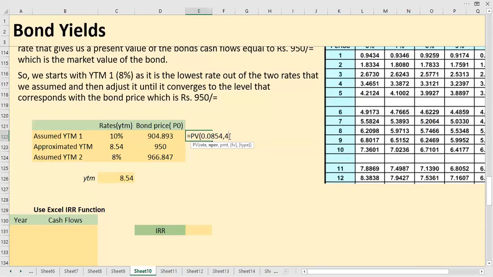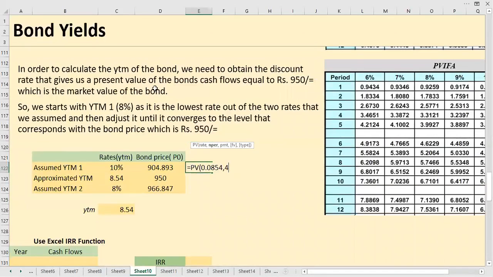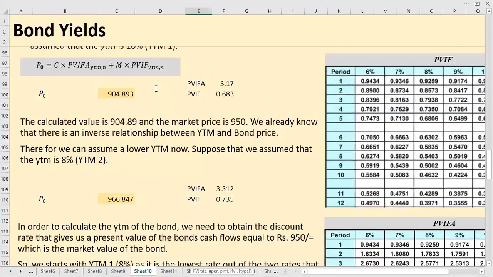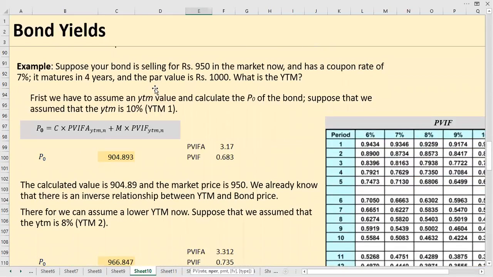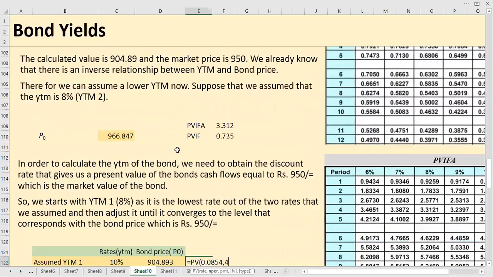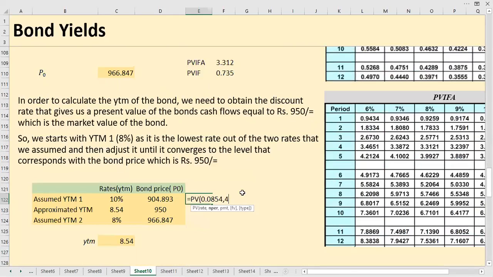Now how do you calculate the payment? According to the sum, it is 7%, that means the payment is equal to 70. The future value, we have assumed, is always 1000 rupees because the face value is 1000 rupees, and the type is equal to 0.